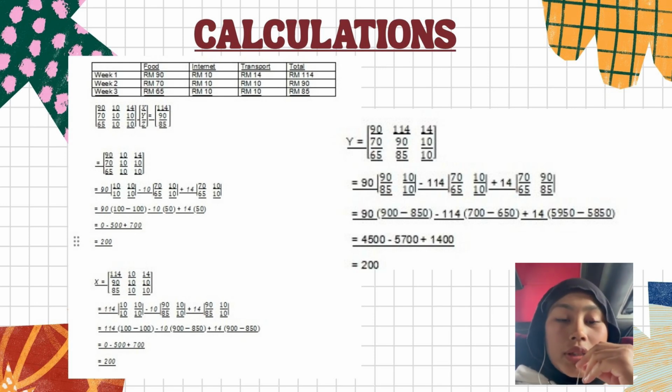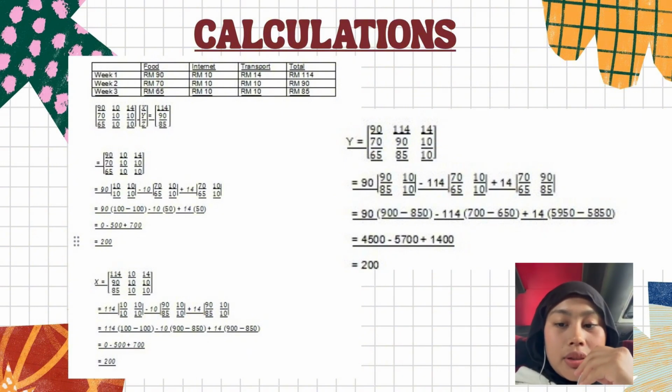First, I rewrite the system of equations in matrix form. From there, I identify the coefficient matrix and calculate its determinant, which we call D. This determinant is very important because it tells us whether the system has a unique solution or not.